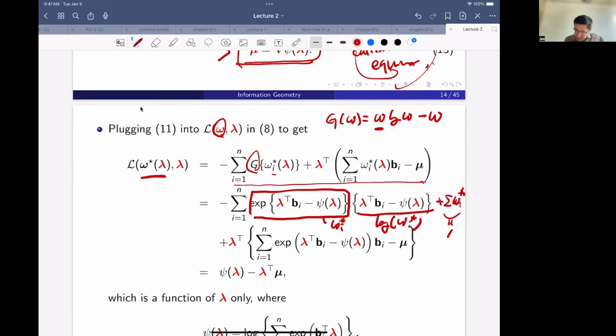And then you have this, which is also omega I star, right?